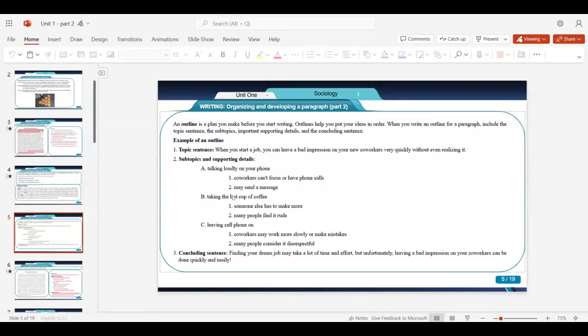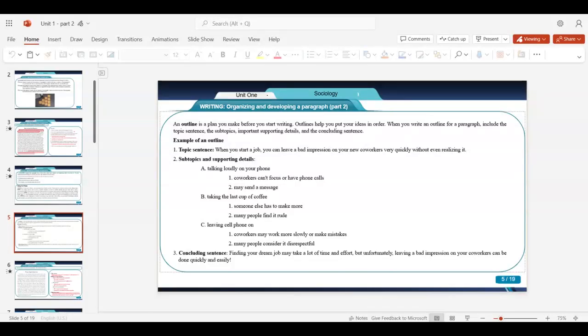In the topic sentence, you should choose carefully, because all the supporting sentences and further details support your topic. So always write a good topic sentence, so you can support it with a lot of examples, facts, and explanations.